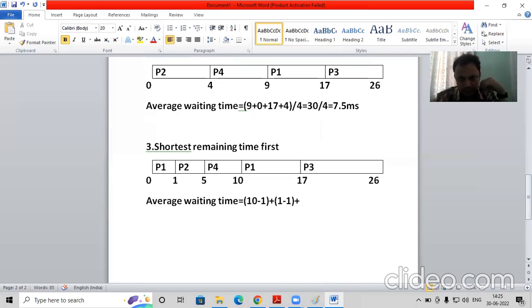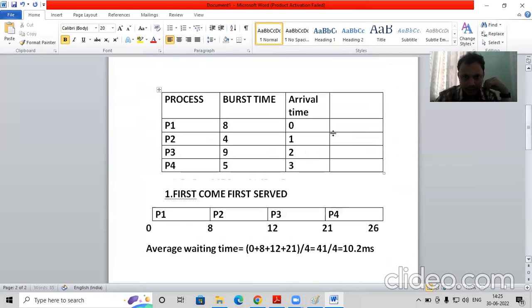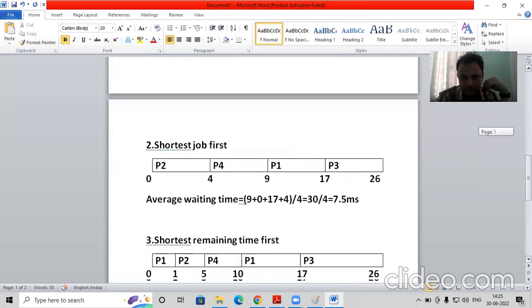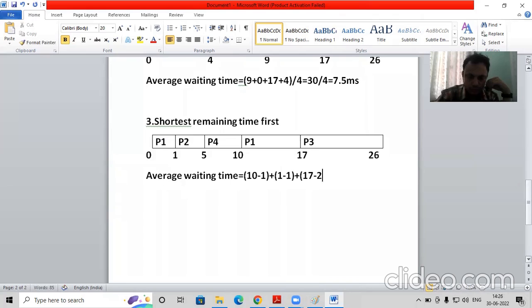For P3, P3 waiting time is 17 minus its arrival time. Arrival time for P3 is 2 milliseconds. So 17 minus 2, plus P4 waiting time is, here it is 5.